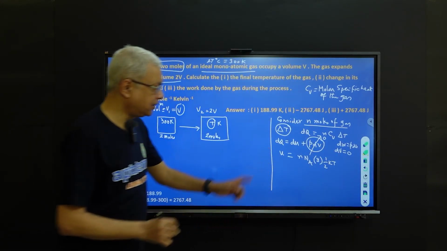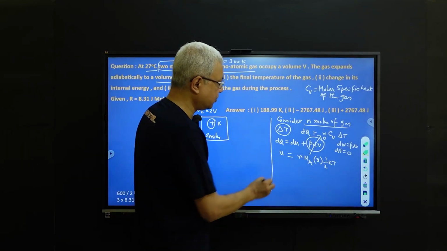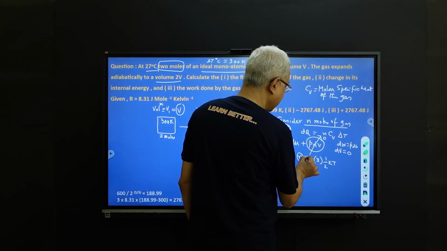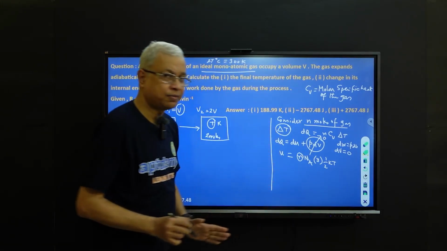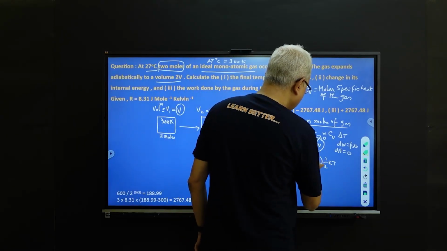So at temperature T, the internal energy of the gas is n into Na into 3 into half kT. N is the number of moles, Na is the Avogadro number, that means how many molecules are there per mole.